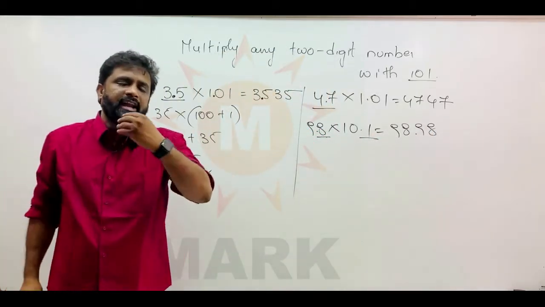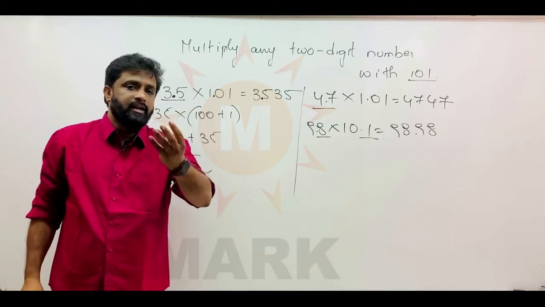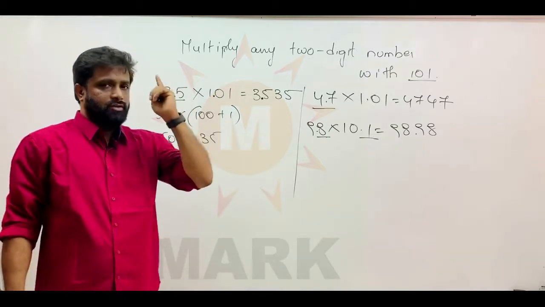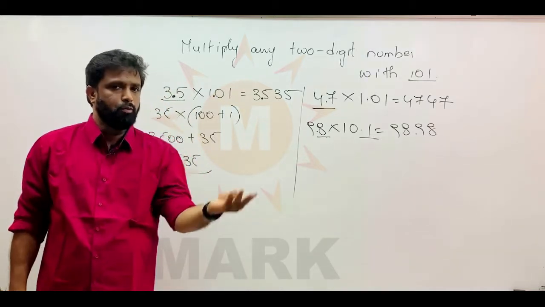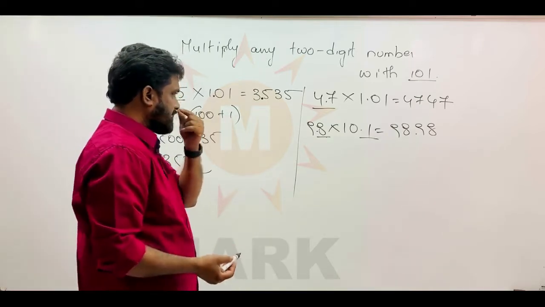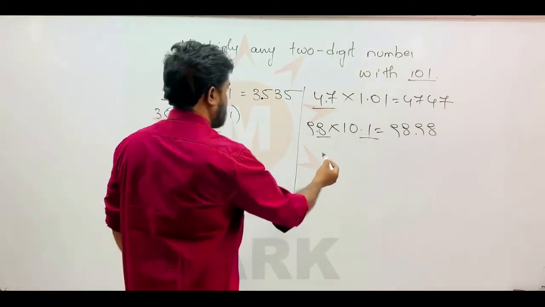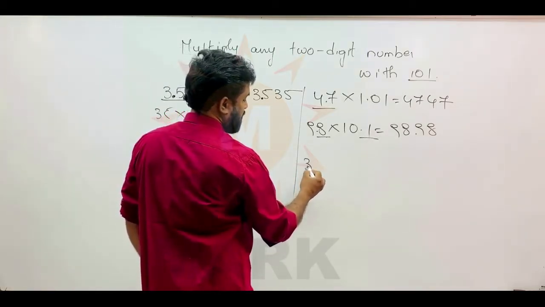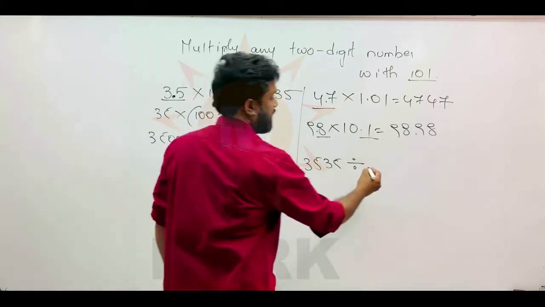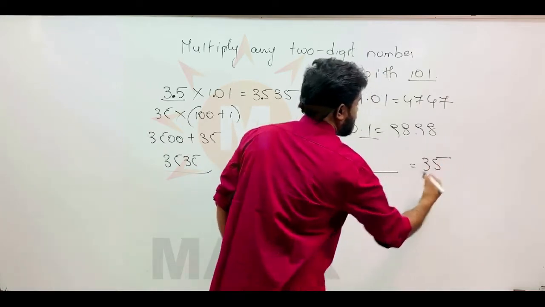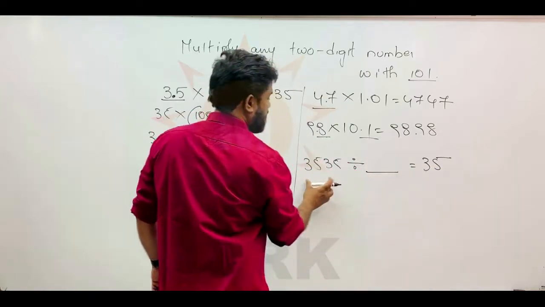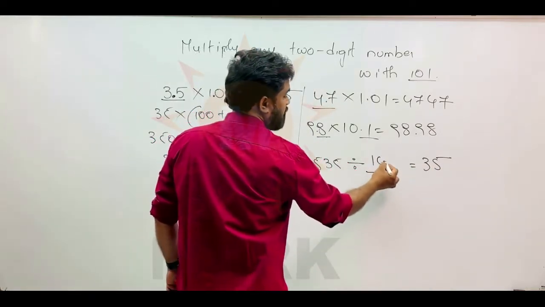So when you multiply any two-digit number with 101, the two-digit number will come two times. It will be duplicated. This is a very good point, because in the exams, someone may ask something like 35 divided by dash is equal to 3535, the same thing in reverse form. 35 is a two-digit number, and here you can see it two times, so obviously the number will be 101.